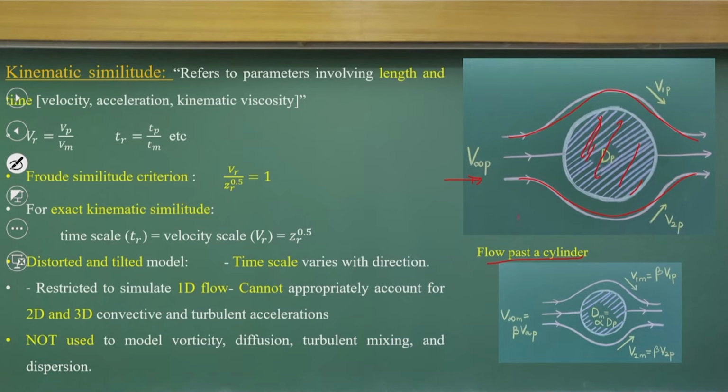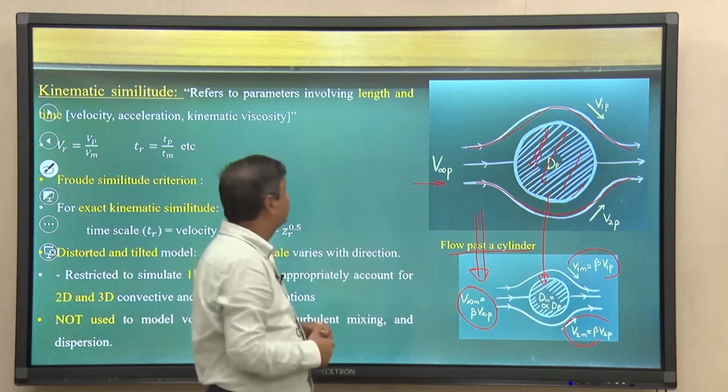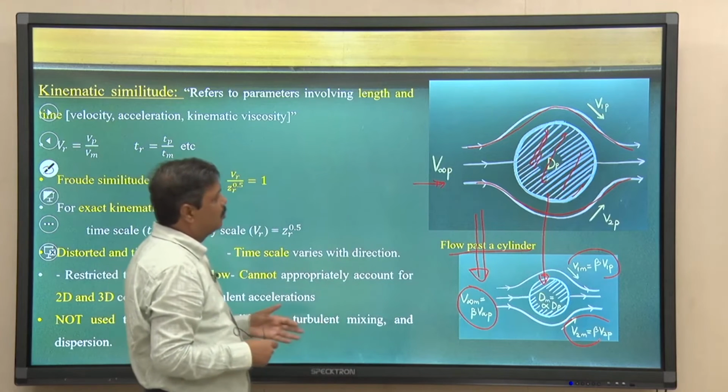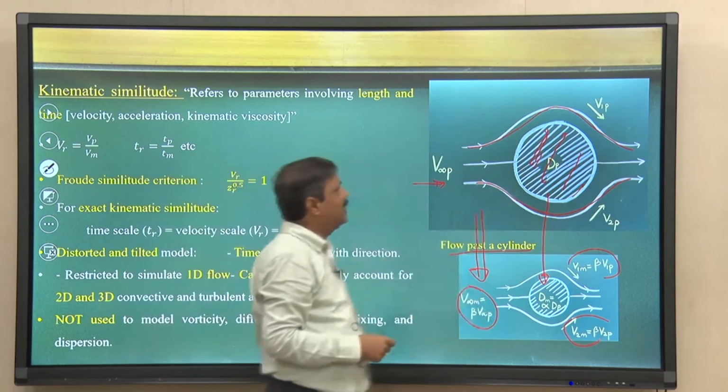The same geometry, kinematic similarity, we have to do. We scale down the diameter of the bridge piers, which are cylindrical, to this shape, and then we can have a scale for velocity components, so that the streamline patterns and the velocity ratio are maintained. The length ratio, the time ratio, and the velocity ratio, whatever is there, we can maintain.